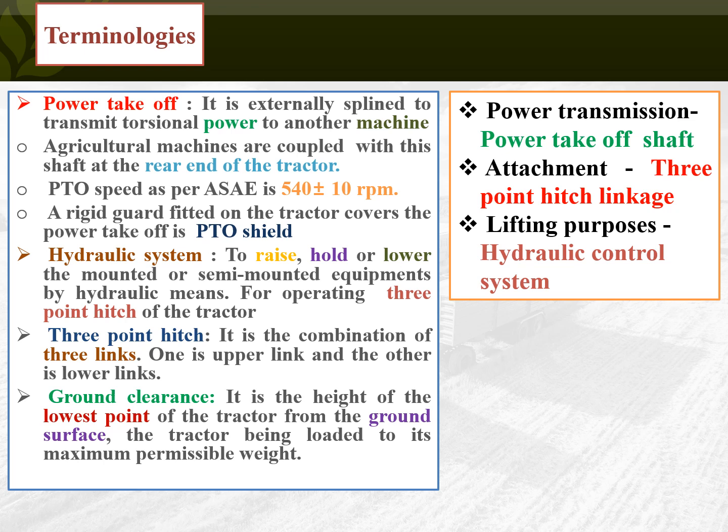The attachment between the tractor and the farm equipment is known as power takeoff. The three movable arms that attach the farm equipment to the tractor at the rear end is known as 3-point hitch linkage. To lift and operate the three movable arms is known as hydraulic control system.